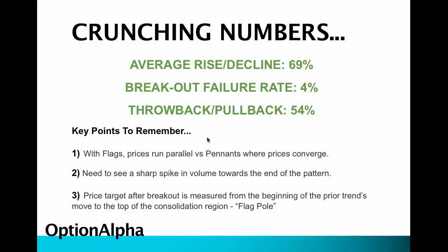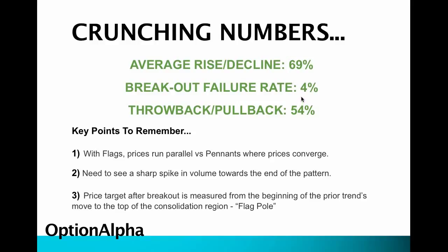So again, if you have one of those high and tight patterns that are very, very consolidated, very close together, you have a higher likelihood of seeing these types of returns after the breakout. If it's kind of loosey-goosey, then the numbers also get loosey-goosey as well. The returns aren't as great after the breakout. But generally speaking, 69% as far as an average rise from the breakout is a very, very solid gain. So a very good pattern to look for.